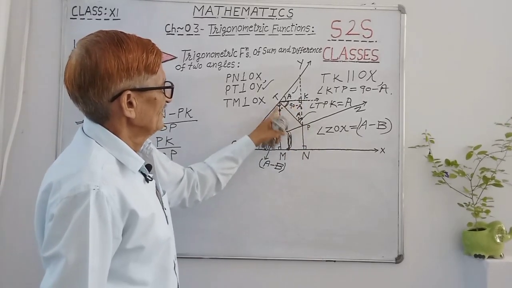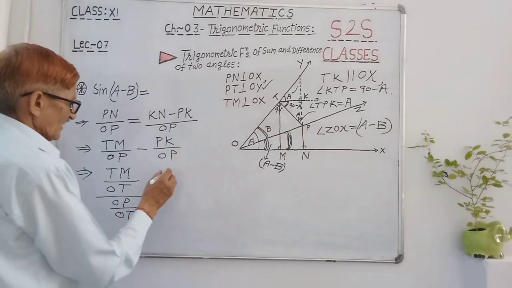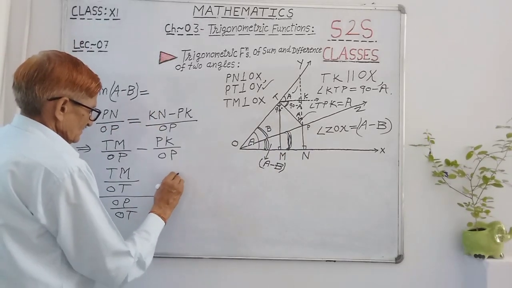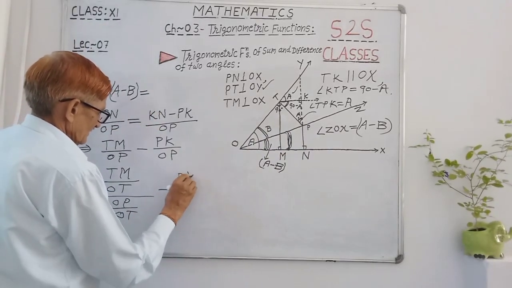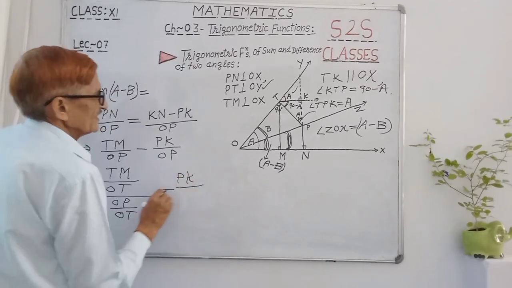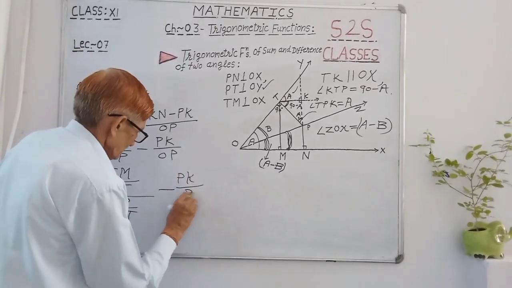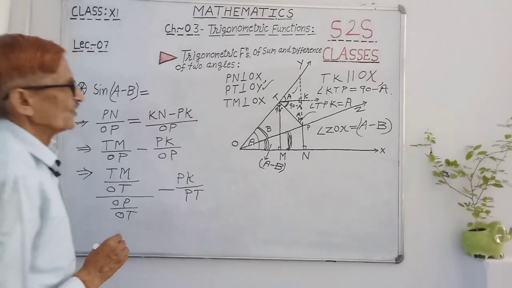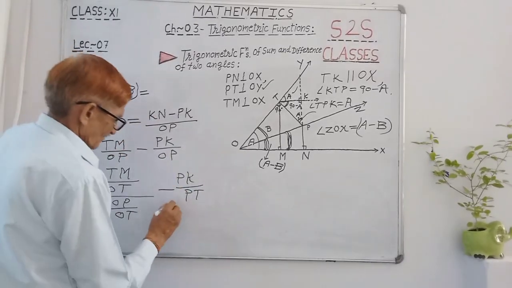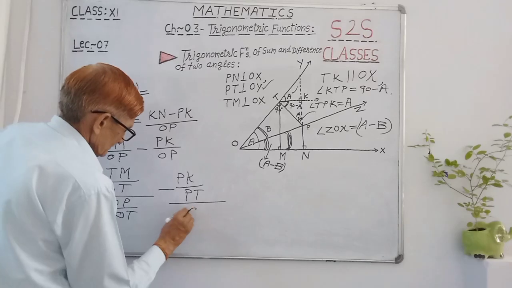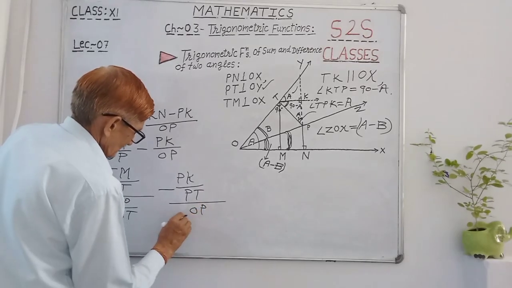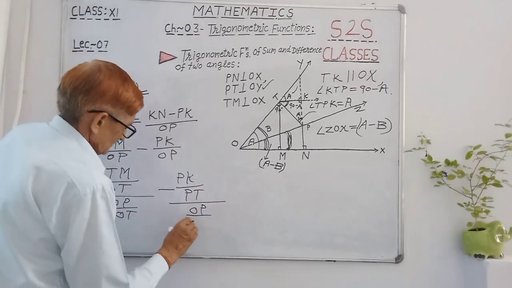The hypotenuse here is TP. So PK divided by hypotenuse PT, and the whole divided by OP divided by PT.